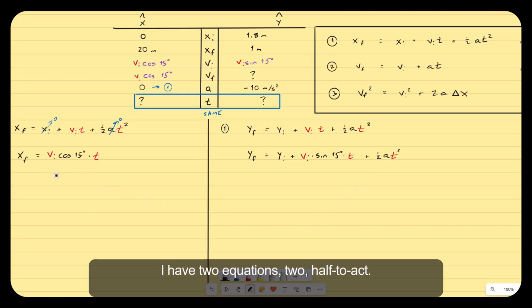I have two equations with two unknowns. I'm going to have to actually do something with this. So I need to solve this system of two equations with two unknowns, and there's not a particularly clean way to do it. I'm going to take this equation over here because it's the simpler one and solve it for one variable, then plug that into the other and hope that that works out okay.